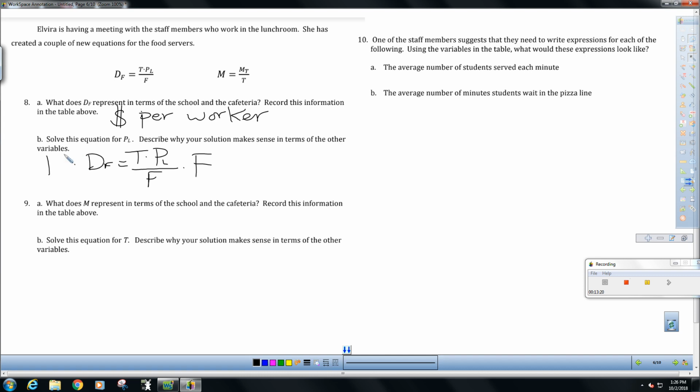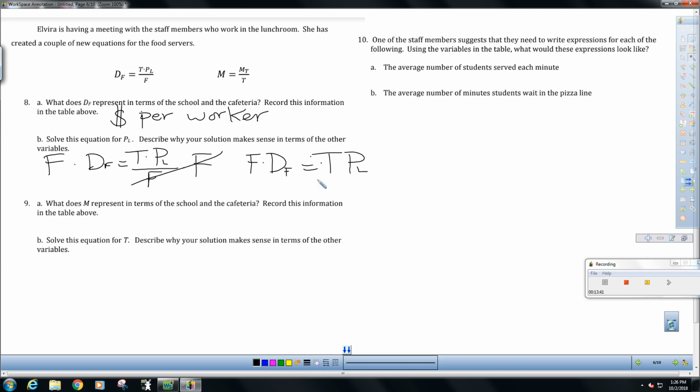So we're going to multiply both sides by F. F divided by F is 1. So that's gone. And that leaves us F times D sub F is T times P sub L. What are we solving for again, Carson?